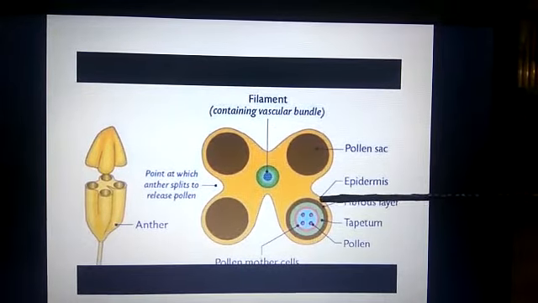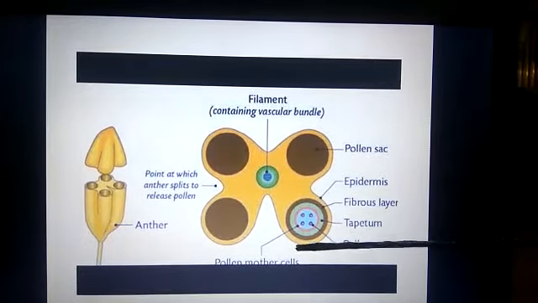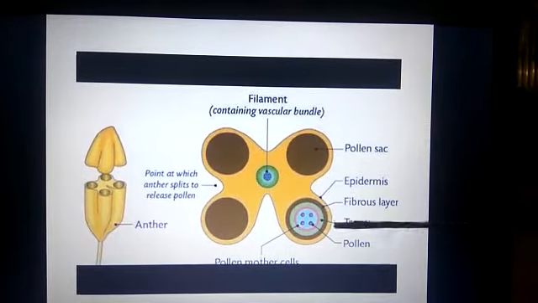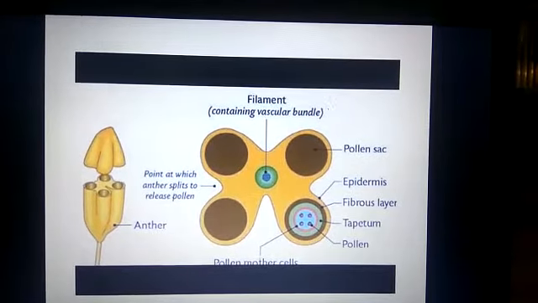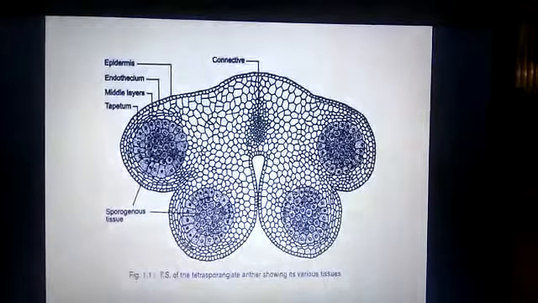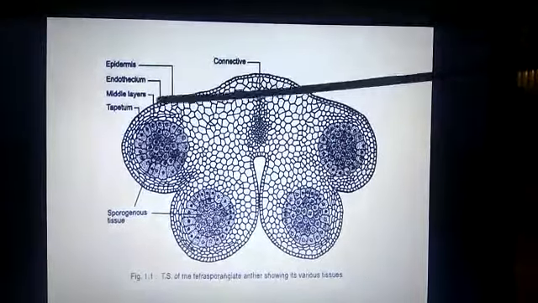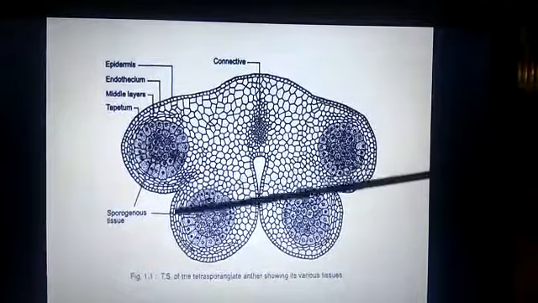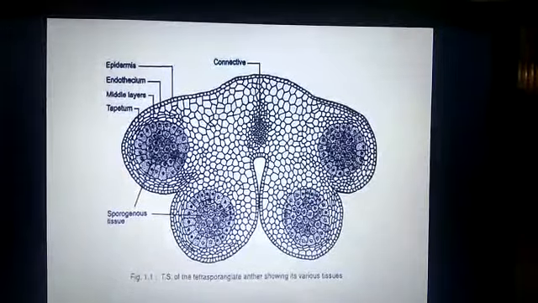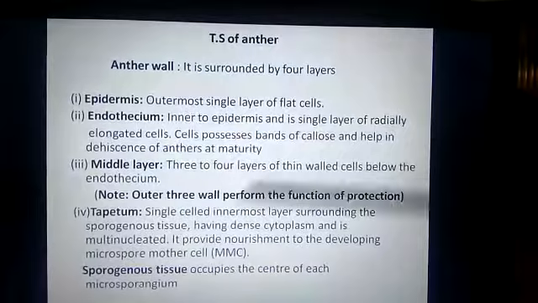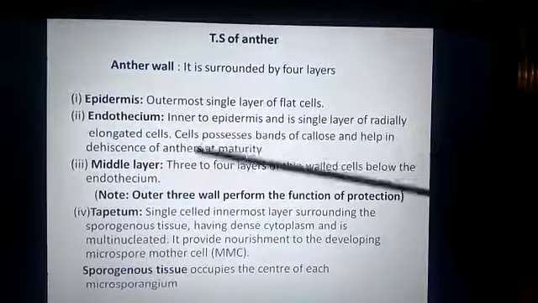Epidermis is the outermost single layer. You can also see here, epidermis, they are single flat cells. The second one is the endothecium.